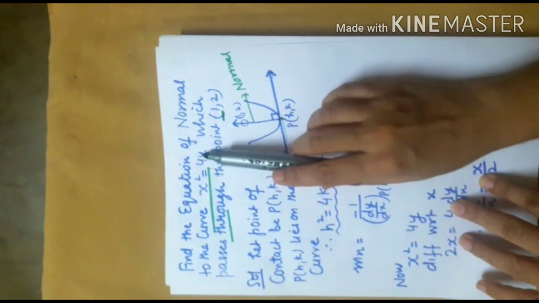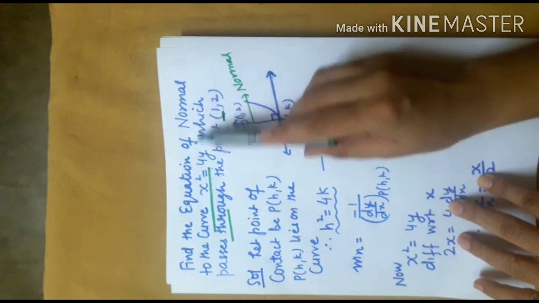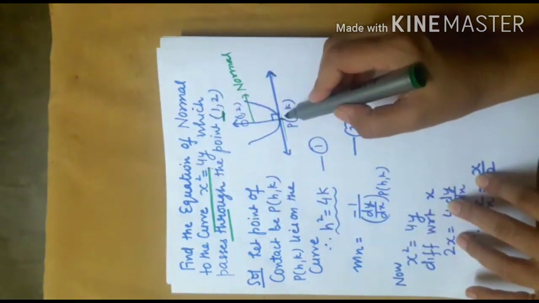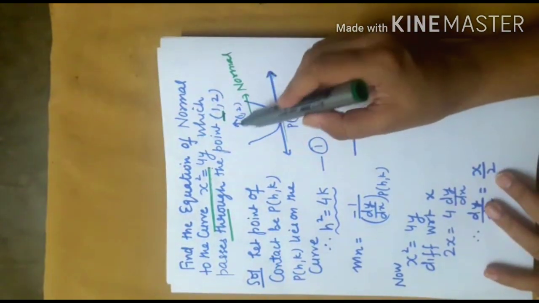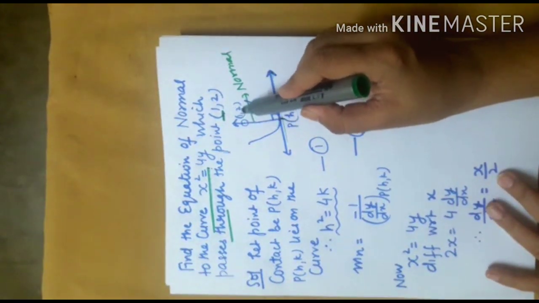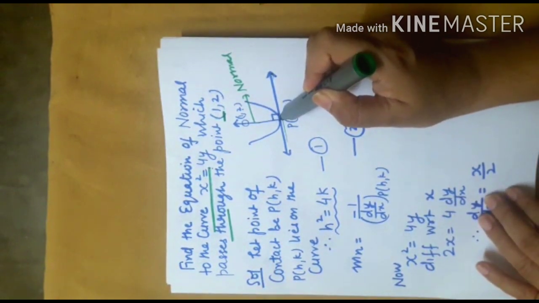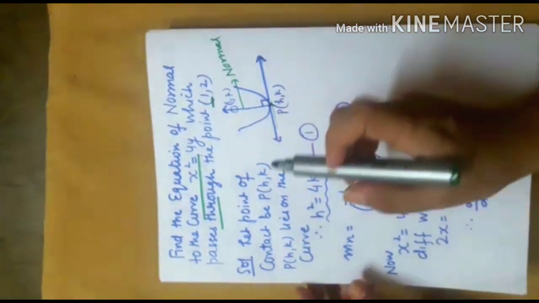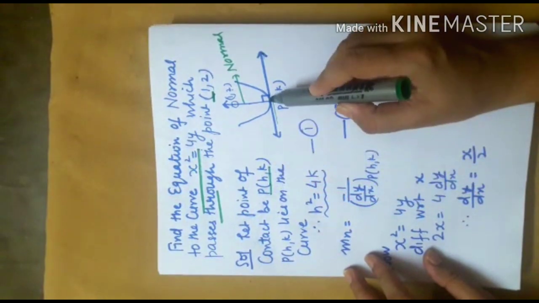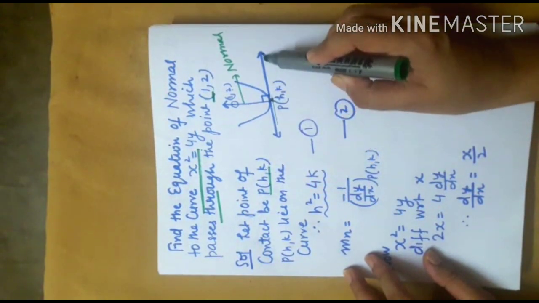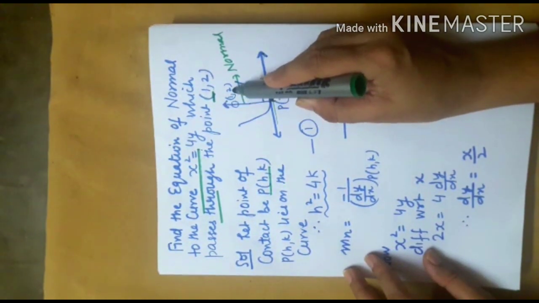So left hand side and right hand side are not equal, so (1, 2) does not lie on the curve, so it cannot be the point of contact, right? So normal passes through the point (1, 2). So (1, 2) will be a point other than this point of contact, right? Let point of contact be P(h, k), this point at which tangent is drawn. And through this point, we have drawn a normal which passes through the point (1, 2).